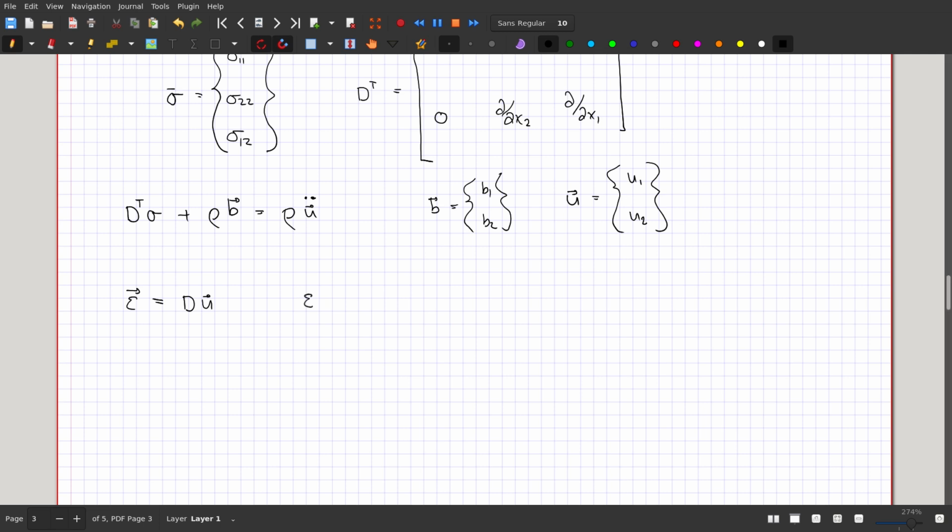Where the strain vector is like that, and if you don't remember why it's 2 times epsilon 12, go back and look at the notes, when we were talking about linearized strain theory.